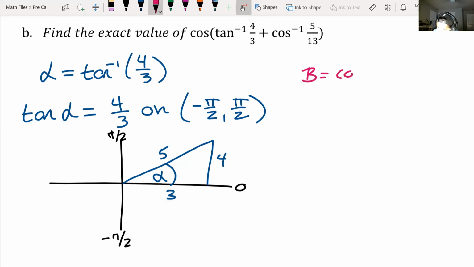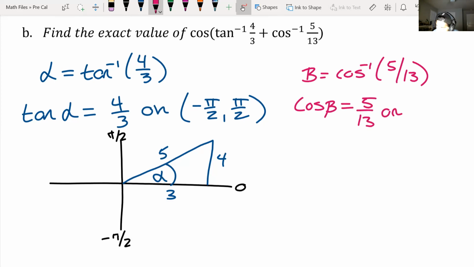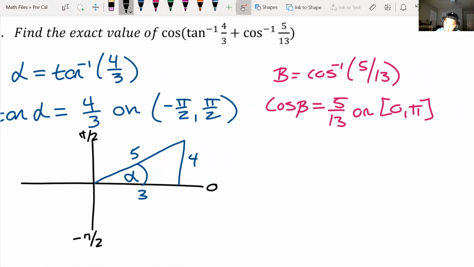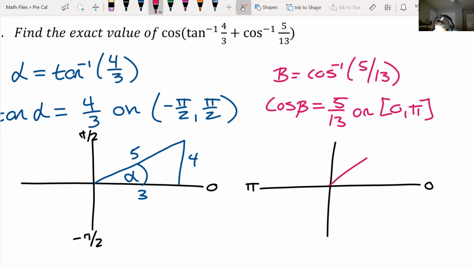Beta equals the inverse cosine of 5/13. Apply the inverse to both sides, and you get cosine beta equals 5/13 on that interval. We already saw it. 0 to pi, right? Unit circle. There's 0. There's pi. If we are a positive 5/13, we must again be in quadrant 1. There's beta.